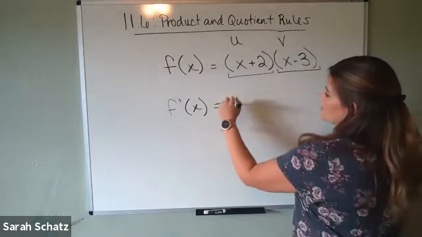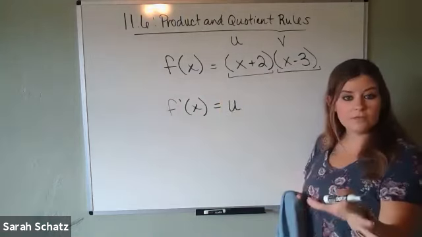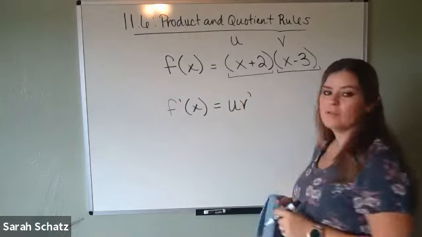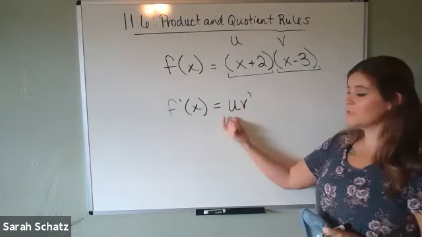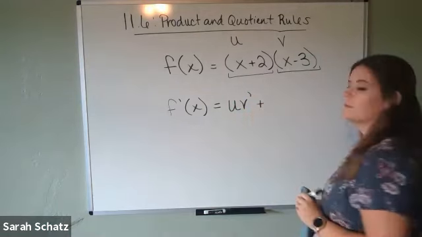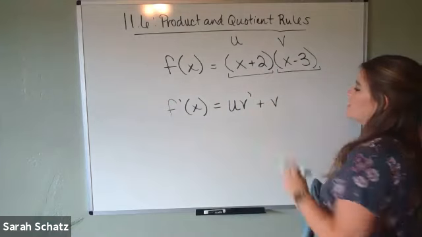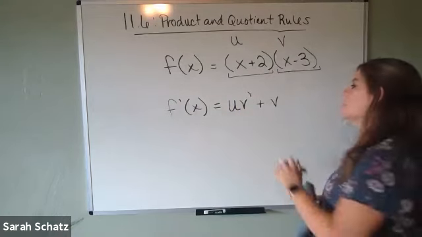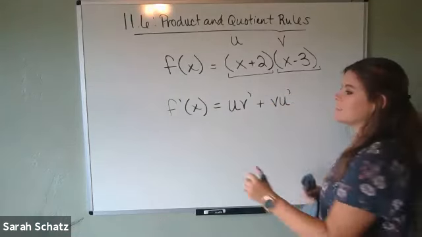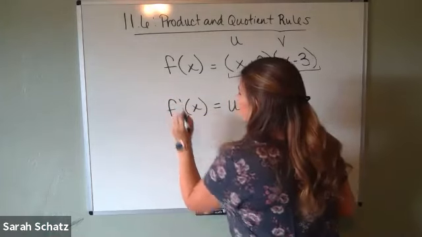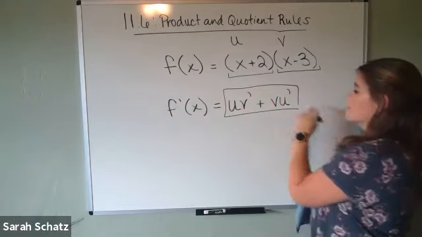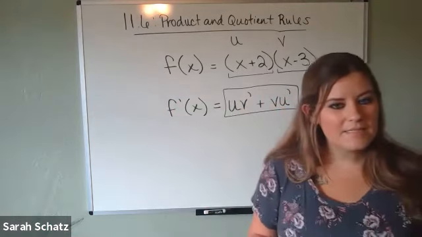What you're going to do is write down U original form, and you're going to multiply that by the derivative of V. So it's U times derivative of V plus your next term starts with V, just original V, and you multiply that times the derivative of U. You guys, this is how you take the derivative of a product. This is your product rule. So this is important to remember, but it's actually really easy to remember.